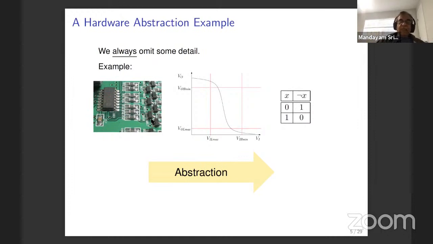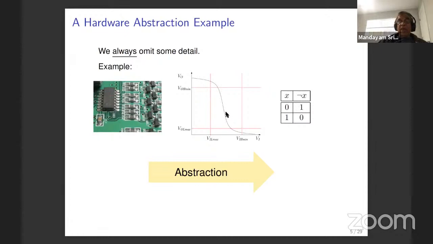But usually you don't need to. Of course, at certain levels, you may want to actually monitor the currents and the voltage. But if you really want to analyze this system at a logical level, then you don't need to track these things at this level of detail.